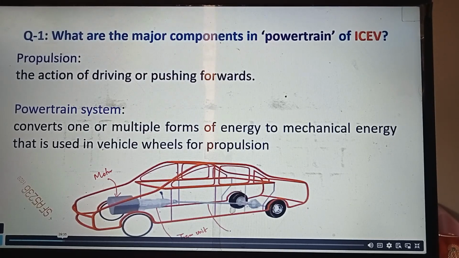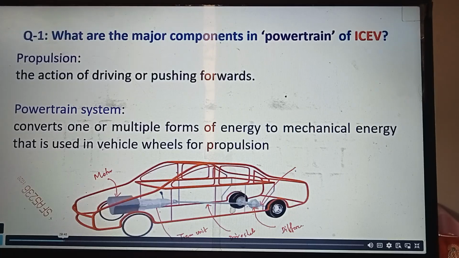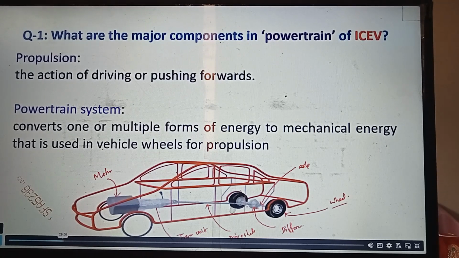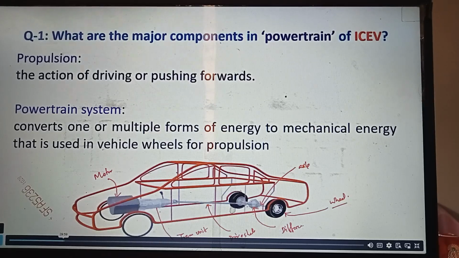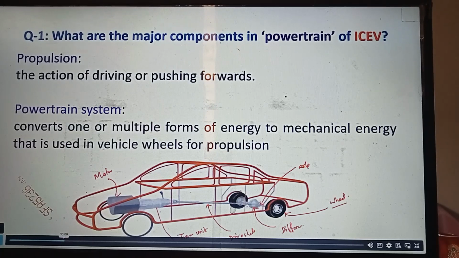Then it goes to the drive shaft. Then this device is called the differential, and the output of the differential will be connected through the axle, and eventually it will go to the wheel. So between the motor and the wheel we have multiple components, right? Motor to transmission unit, generally it will be a fixed gear. Then through the drive shaft it will go to the differential, and then eventually to the wheels.